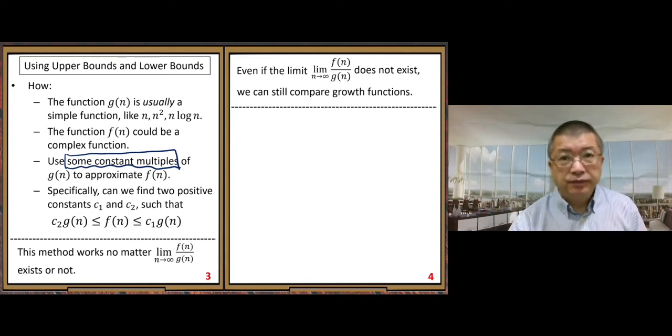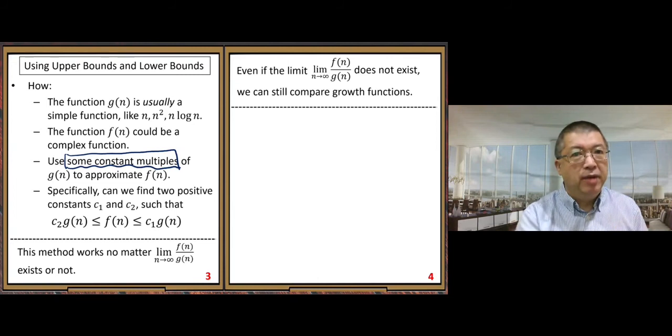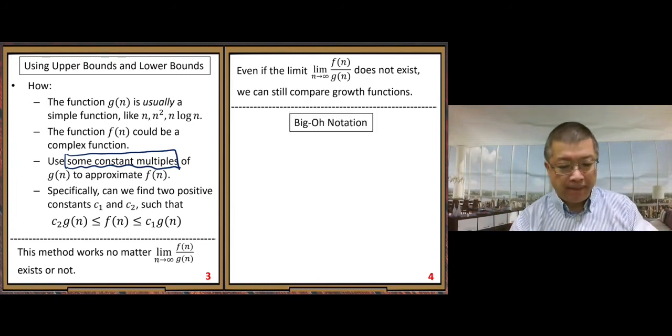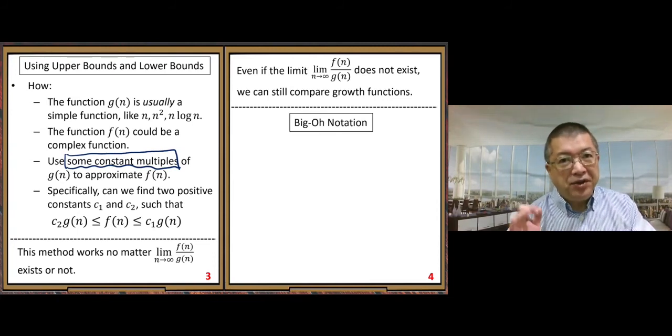All right. At the end of this video, I want to talk about another important notation. It's called big O notation. So what is the big O notation? This is another commonly used asymptotic notation.